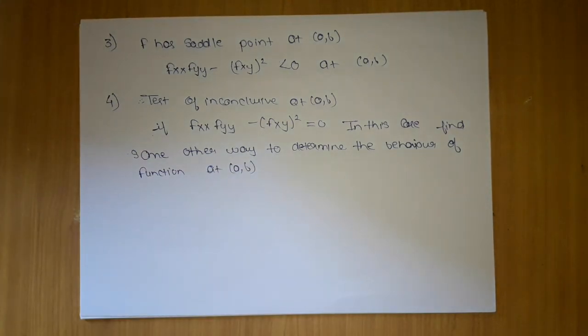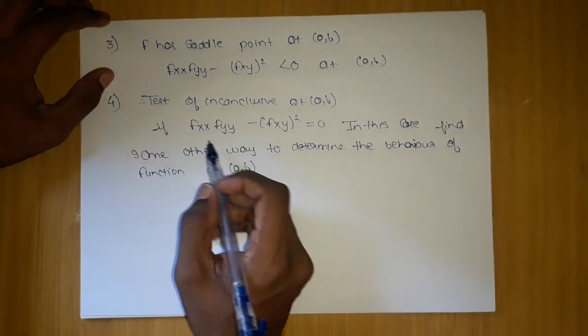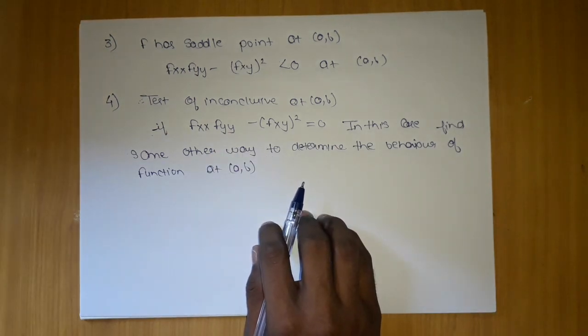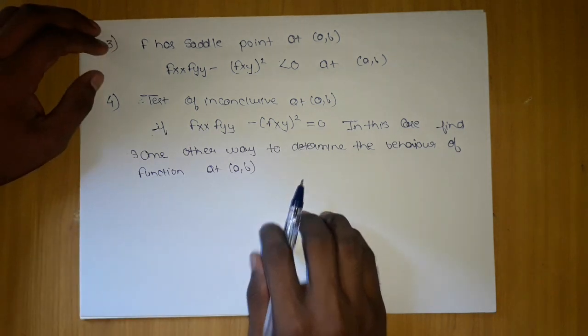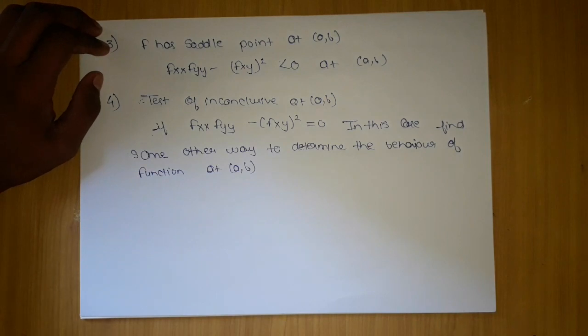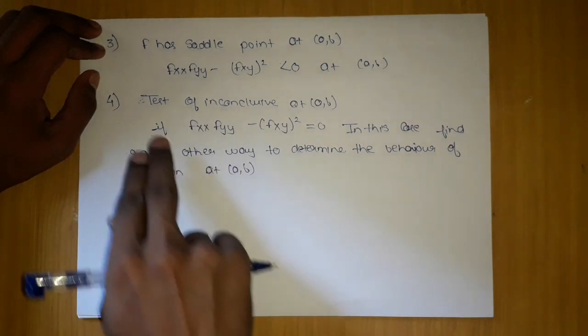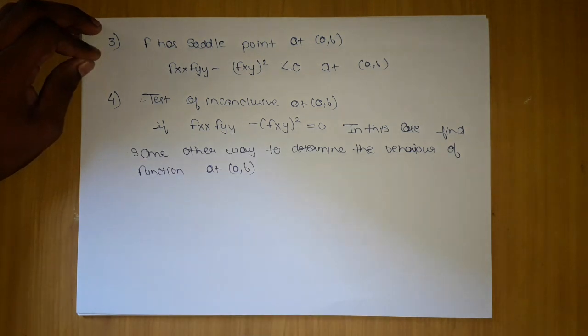So the test is inconclusive: at (a, b), if f double x into f double y minus f xy the whole square is equal to 0, then we have to go another way to check the nature, whether it is maximum, minima, or whatever it is attaining at that point. But in first derivative test and second order derivative test questions, this condition will not arise. So we are going to work with the three conditions: the first, second and third.